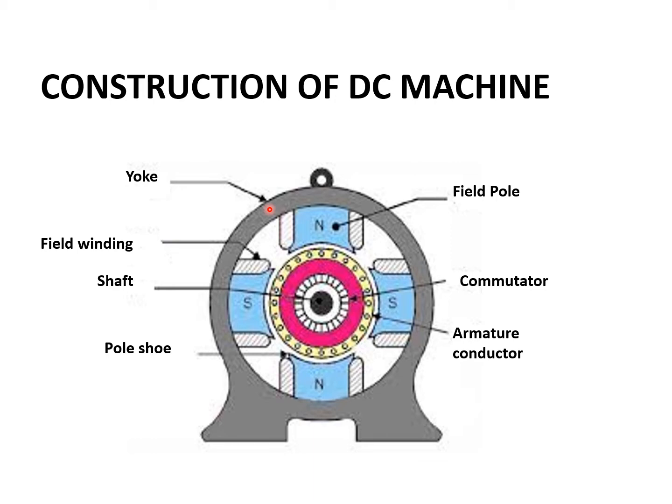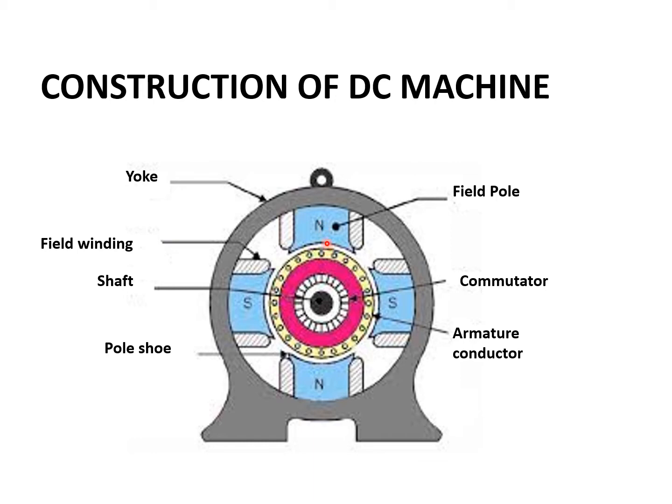which is created from the field poles, and the flux flows from the north pole to the south pole and completes its path through the yoke. Field poles produce magnetic flux inside the machine.